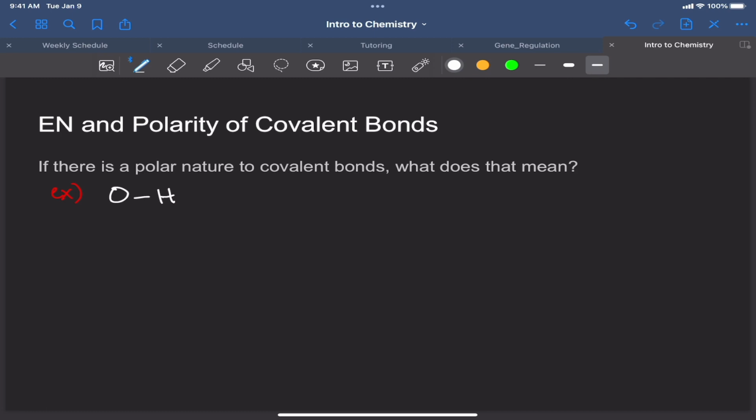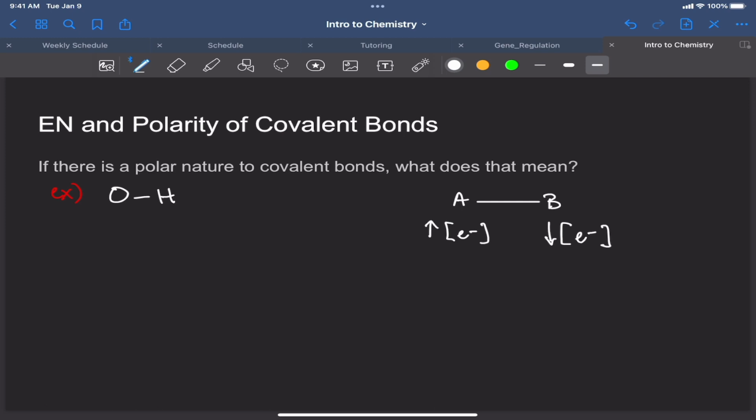Essentially, if we look at a bond, A is bonded to B, one side will have greater concentration of electrons than the other side. Essentially, the more electronegative side will have a stronger pull on those electrons in that covalent bond, and they will be more likely to be around the more electronegative element than the less electronegative element.